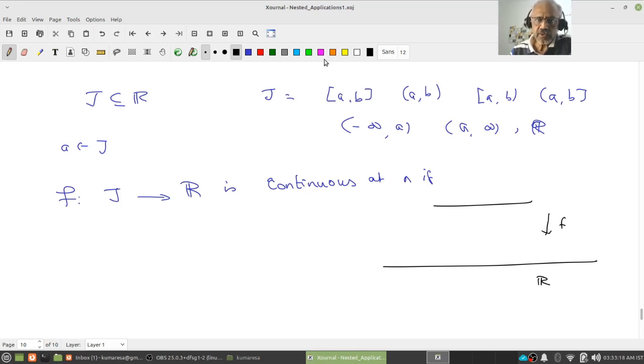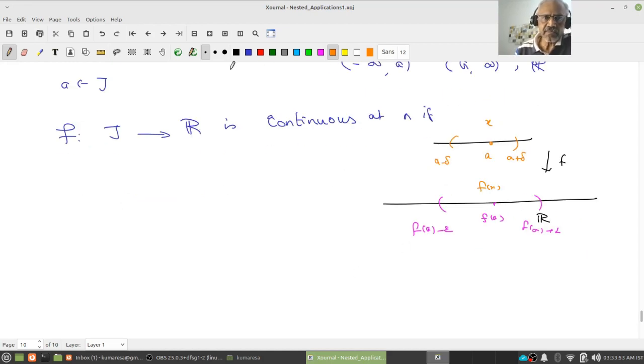Suppose I have a point A here, and I have a point F of A here. I am given an epsilon. I can form the interval F of A minus epsilon to F of A plus epsilon. Continuity means there is a delta such that, looking at A minus delta to A plus delta and intersecting it with J, for all x here, F of x should lie here.